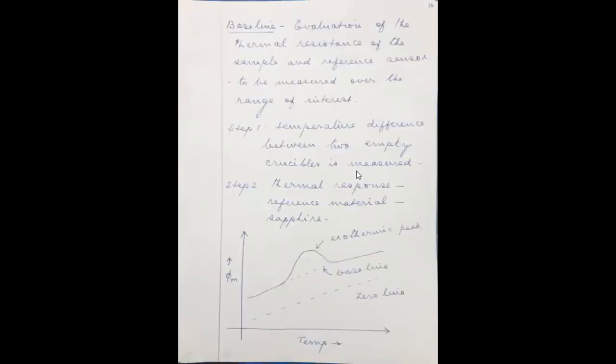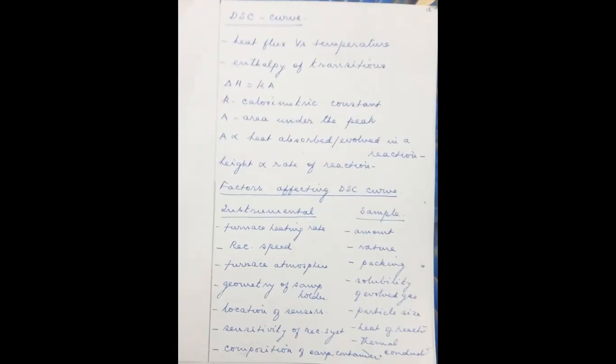Look here, if more heat is absorbed, then the area will be big. If the reaction rate is very high, then the peak will be tall. So area is directly proportional to heat absorbed or evolved in the reaction, whereas height is directly proportional to the rate of reaction.